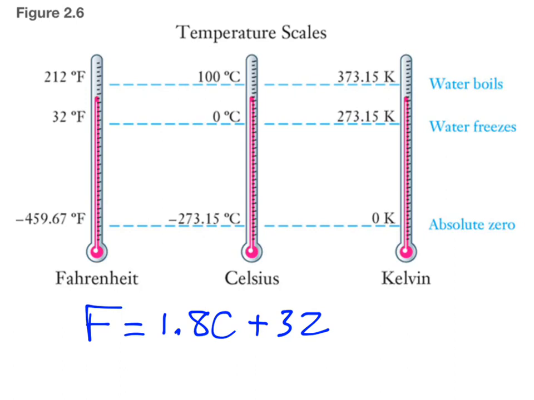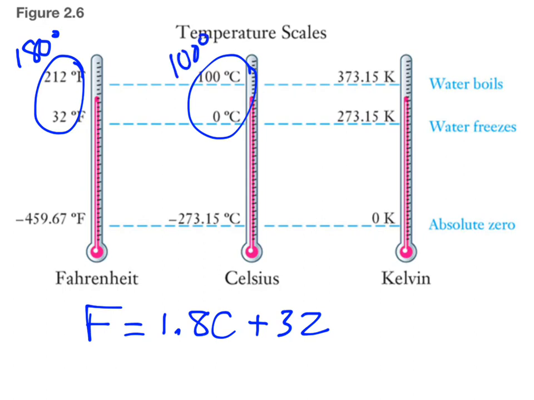Okay, so here's the observation. 100 degrees on the Celsius scale is the same thing as 180 degrees on the Fahrenheit scale, because that's just the difference between the temperatures at which water freezes and which water boils. So we're talking about the same temperature, we're just labeling it differently, but it's still an absolute distance between those two.